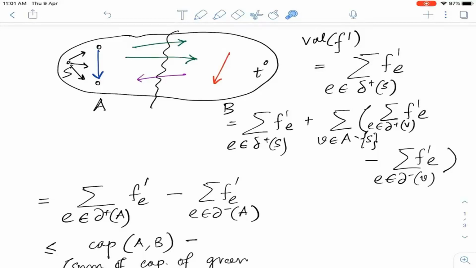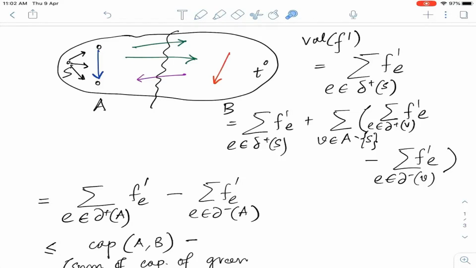So they cancel each other out in this summation. Yeah. If I think of the red edges, they don't matter to me because I'm not even writing this summation for the endpoints of the red vertices because they are entirely in B. Yeah. So the only thing that now I have to worry about are the green edges and the purple edges.